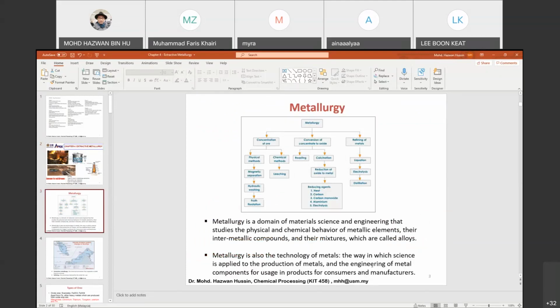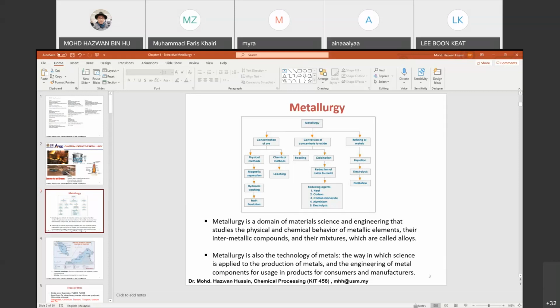As I said earlier, metallurgy is a domain of material science and engineering that studies the physical and chemical behavior of metallic elements, their intermetallic compounds, and their mixtures, which are called alloys. Remember, I think in KIT 257, materials chemistry, you learn about alloys. What does it mean by alloys?